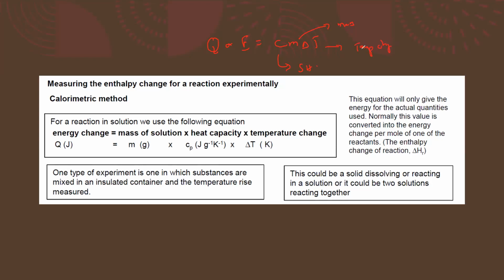If we multiply these three factors, we will know how much energy is absorbed by the water. And this energy divided by the moles gives how much total energy is absorbed per mole.